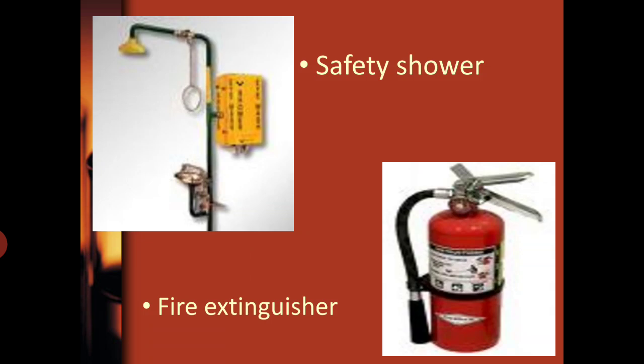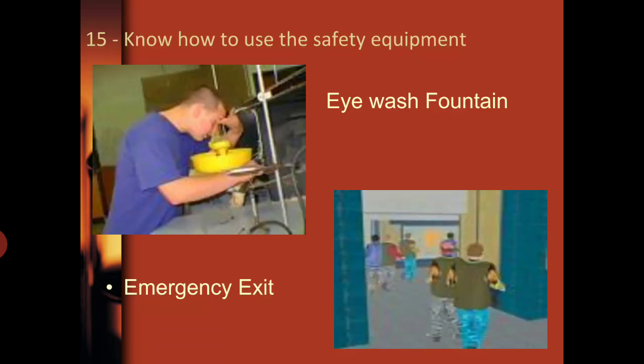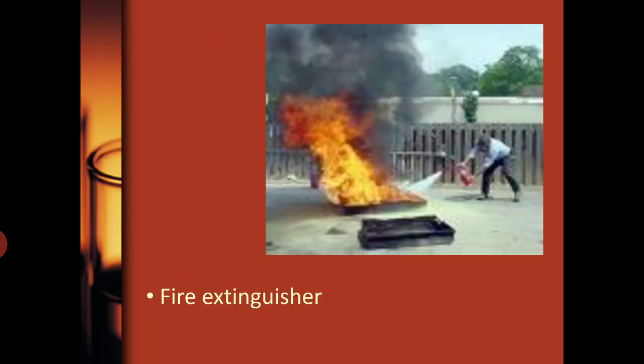You should know where they are placed, and you should also know how to use them so that you can use them in any accidents. We'll see in the next class how to use the fire extinguisher in detail.